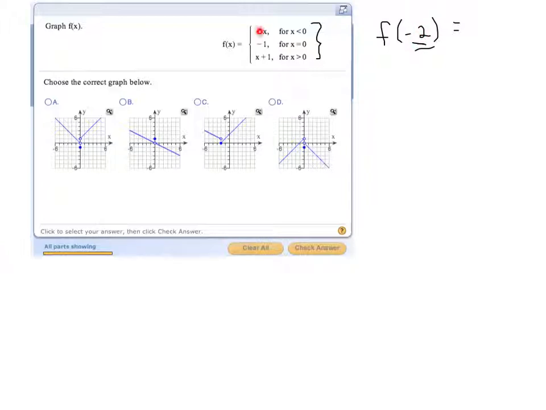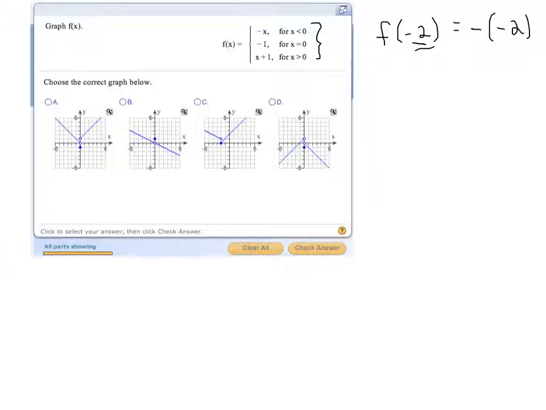So that means that we want to use the first piece to figure out the value of f of -2. So we plug -2 in for x into this formula. We have to pay attention to our negative signs. So we use the formula minus x, where x equals -2.